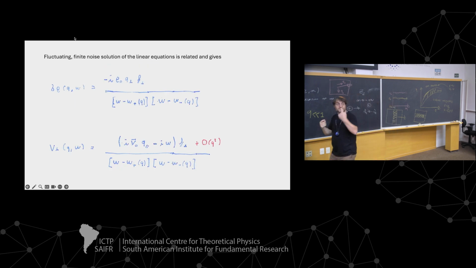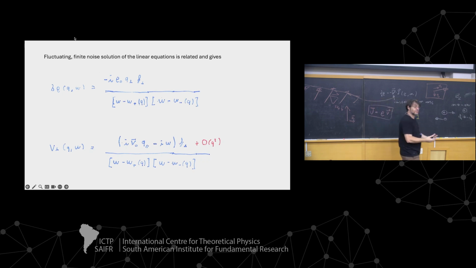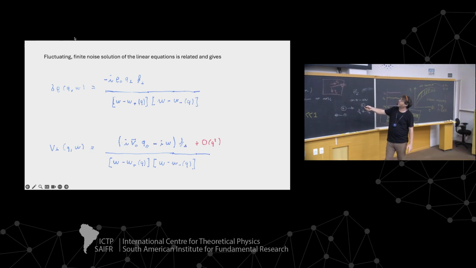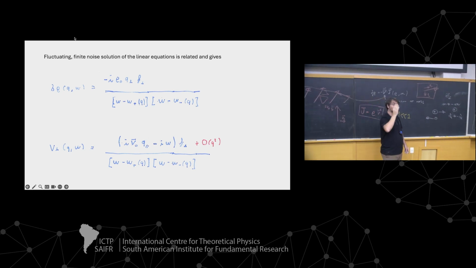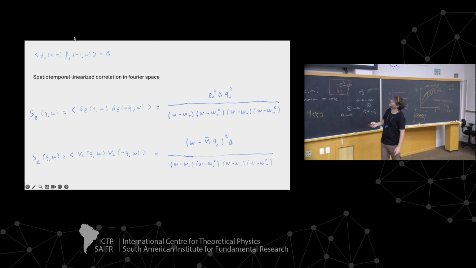Okay. Now you have the single perturbation. They are fluctuating. What is the structure factor? The structure factor is the average over the modulo square of this object, if you want, over delta rho q omega times delta rho minus q minus omega, which is the complex conjugated. And then you take an average.